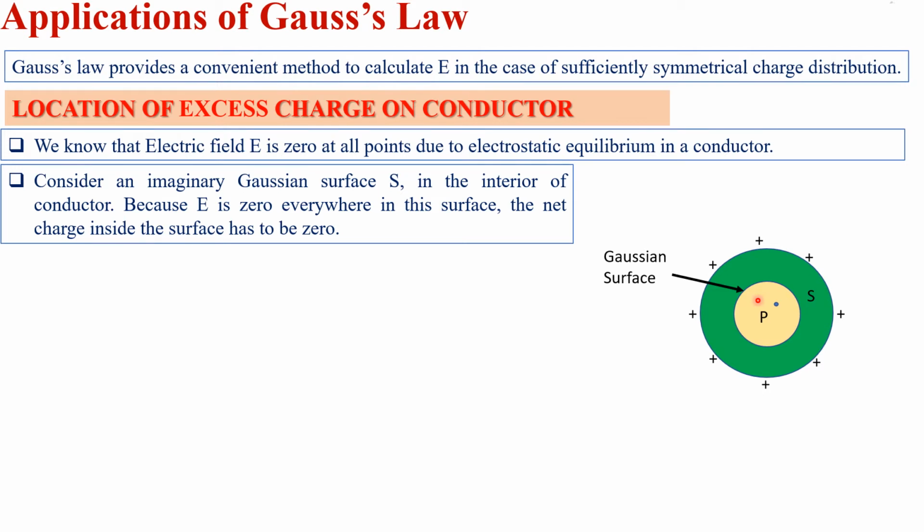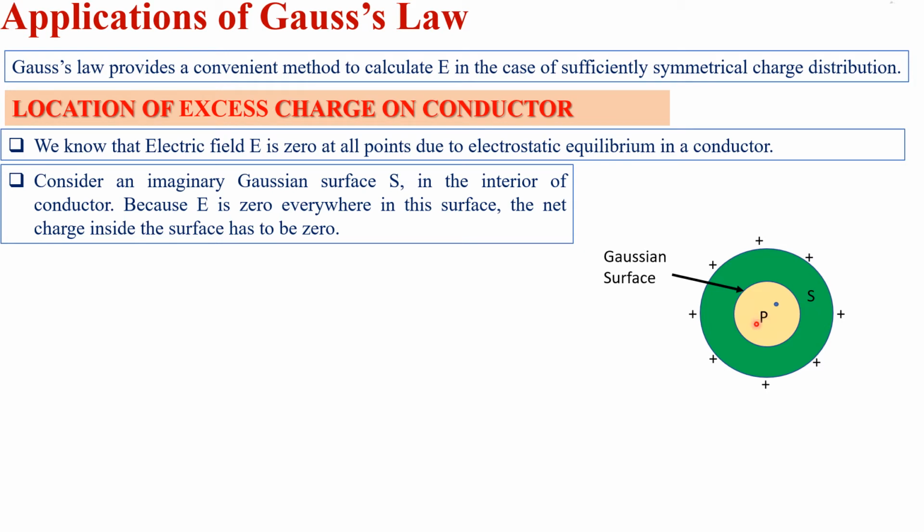So, the net charge inside the Gaussian surface has to be 0. Due to 0 net charge, electric field will be 0 within the Gaussian surface. We can put this point P anywhere within this conductor and E will be 0 everywhere in this surface.